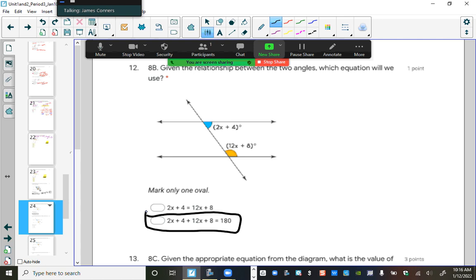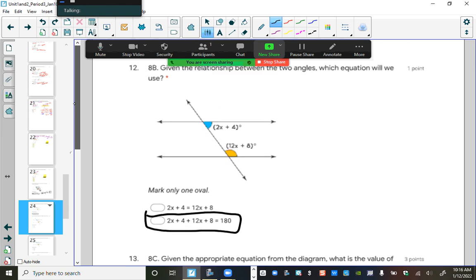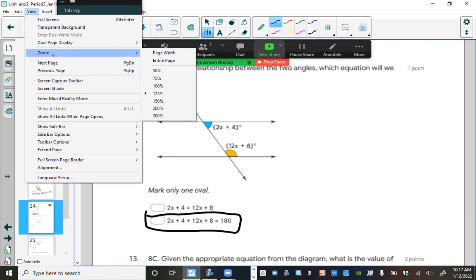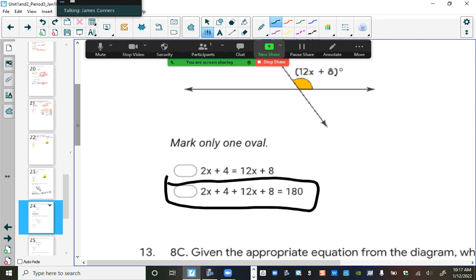Solve for x. You have to solve for x, so you have to combine your x's. Let me make that a little bigger. I want you to work on that equation. So write it down, and then from there, solve for the x. That's your next step. I'll give you a couple minutes to try that as I update attendance.